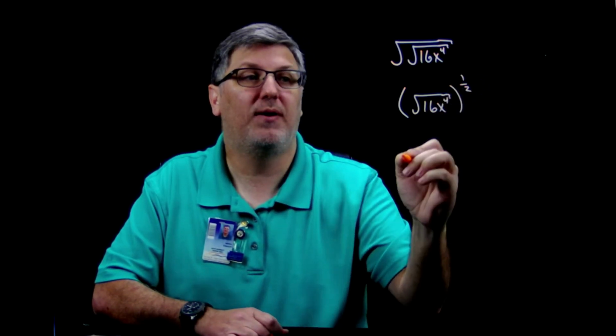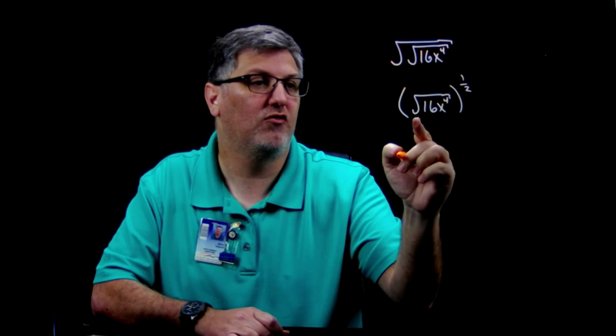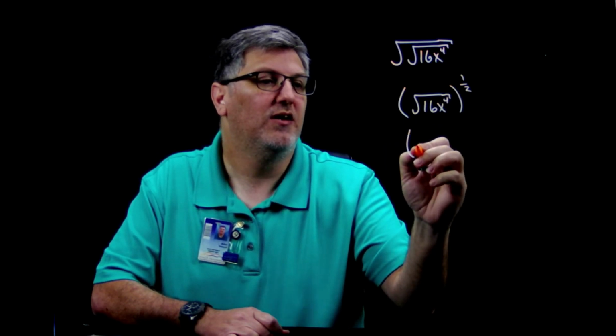I'm going to write this as 16x to the 4th to the 1/2 power, and I can redo this again to the 1/2 power, so I'm going to have 16x to the 4th to the 1/2 power to the 1/2 power.